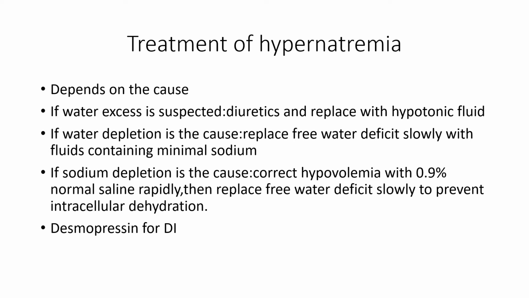The treatment of hypernatremia depends on the cause. If water excess is suspected, give diuretics and replace with hypotonic fluid. If water depletion is the cause, replace free water deficit slowly with fluids containing minimal sodium.